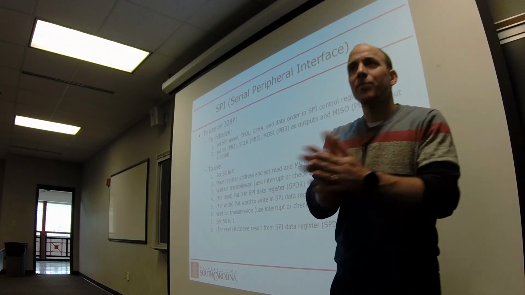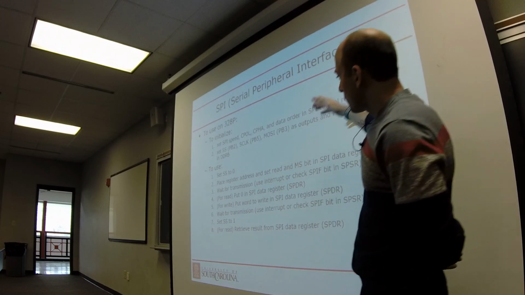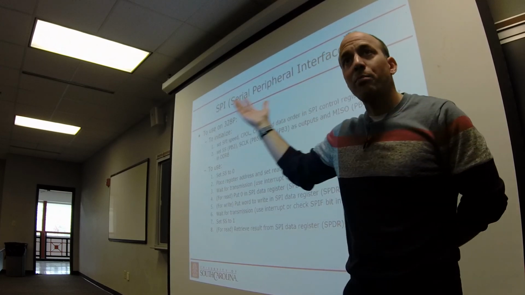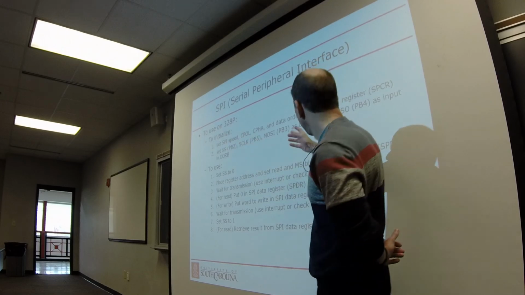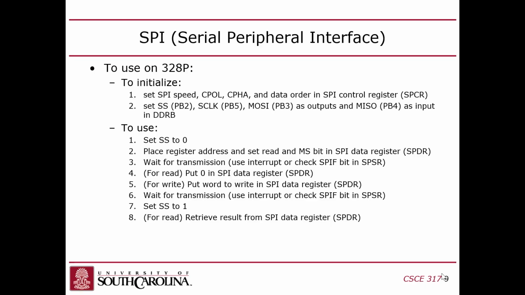So it's kind of a hybrid hardware-software scheme. So you set that to 0, how? With port B, specifically pin 2 of port B, using the port B control register. You have to set that to 0.